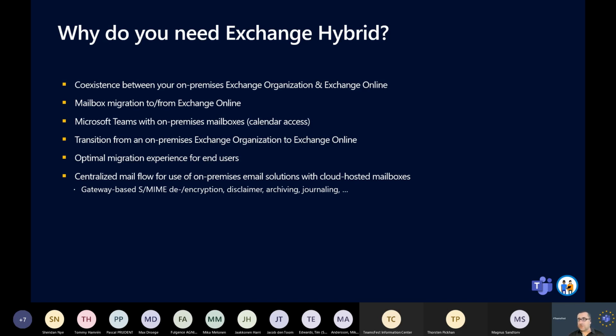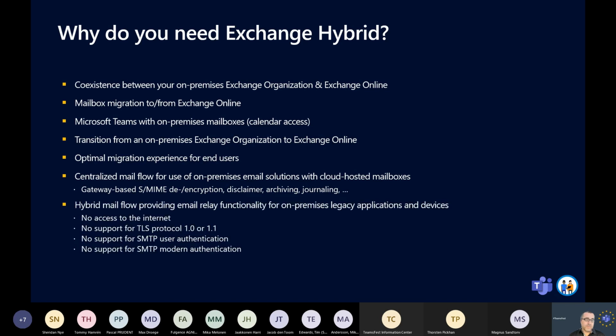Examples for such a mail flow requirement would be gateway-based S/MIME encryption and decryption for emails, applying disclaimers via a centralized software solution on-prem, archiving, journaling, and anything else you can think of.